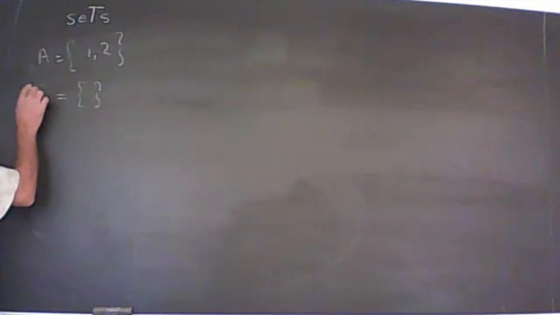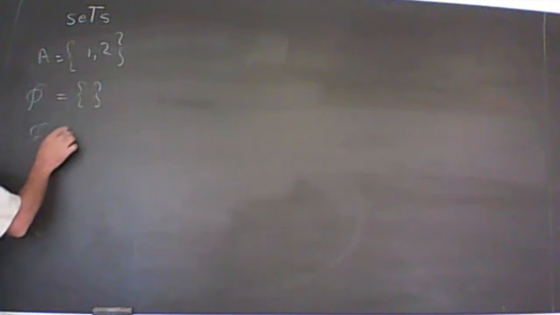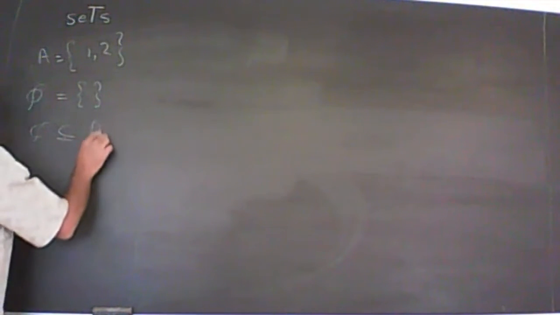Yeah? So I can say the empty set is a subset of A. Yeah? So let me list them over here. So this is the first subset of A with 0 elements.